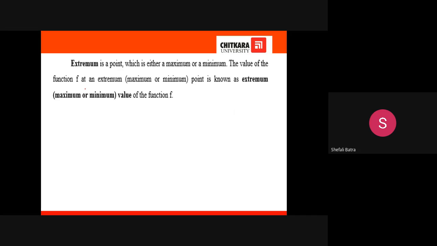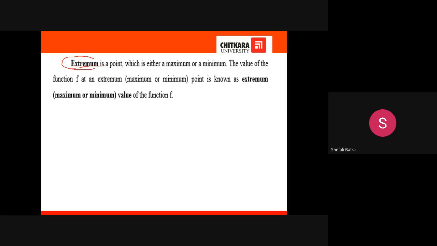So next is extremum. Extremum is a point which is either maximum or minimum. The value of function f at extremum point is known as extremum value.